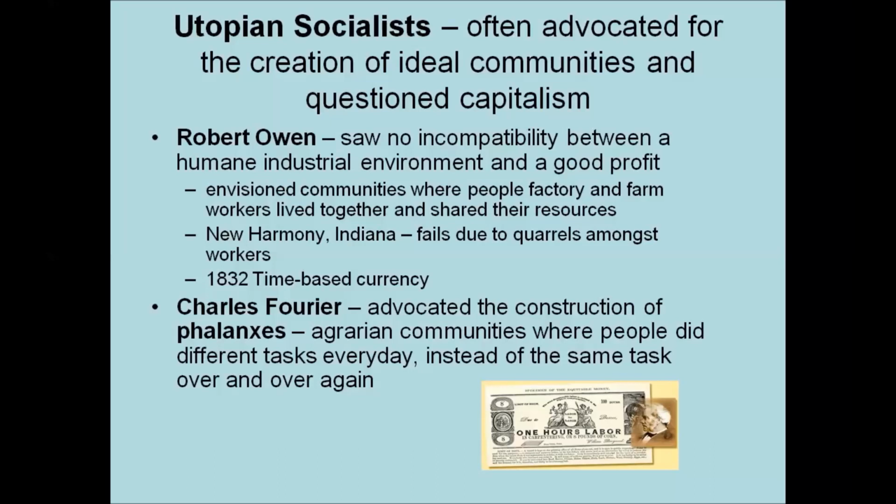So he's trying to get rid of the repetitive nature of the industrial worker. He also used the word feminism for the first time, and also thought that they should get rid of marriage because essentially women were being bought and sold. And so he was a free love guy, so just so you know.